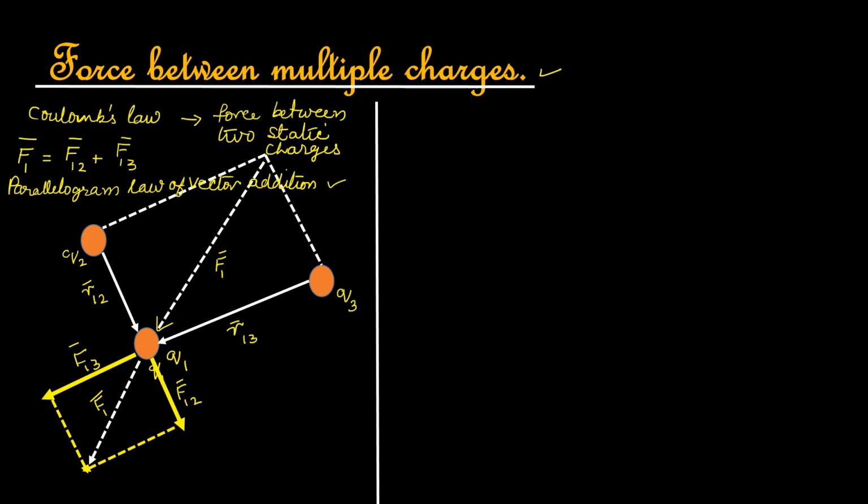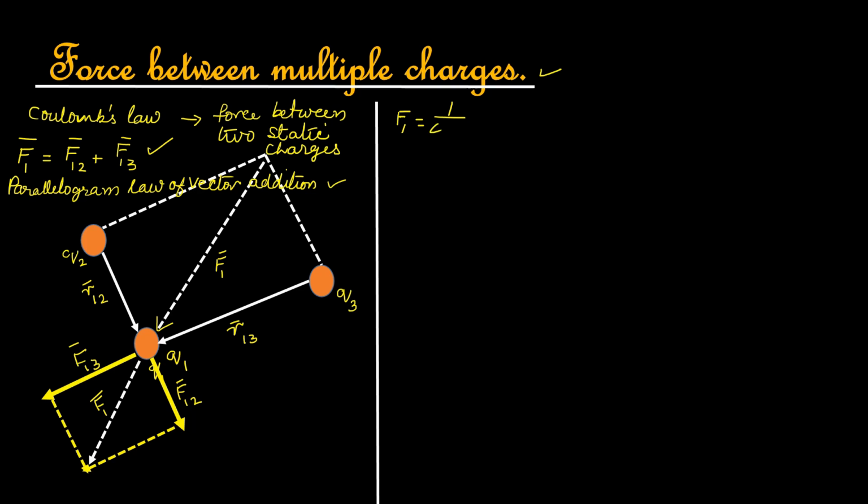Having understood all these details, let us proceed to derive the expression of force between multiple charges. We have already noted that F1 is equal to F12 plus F13. Now we will represent both the forces in their vector forms.